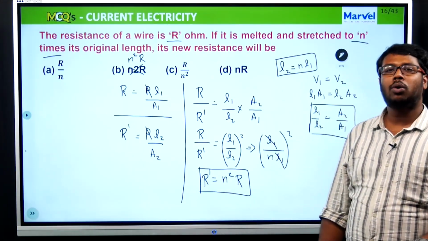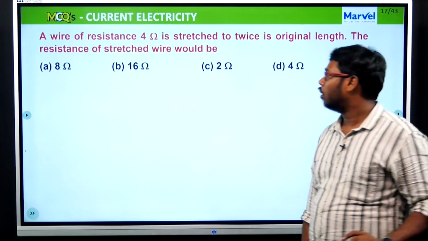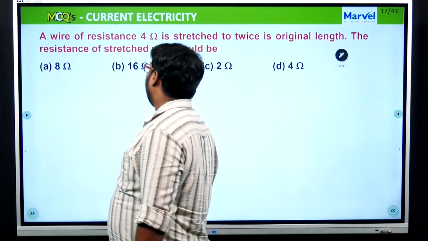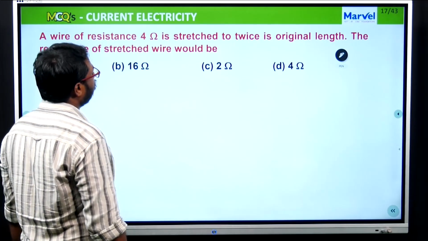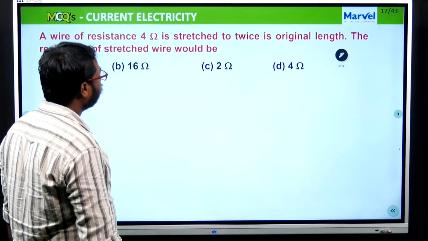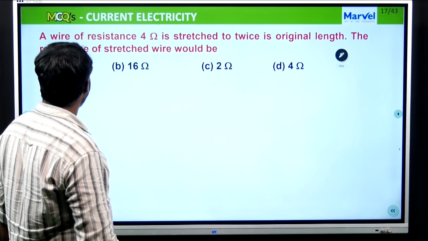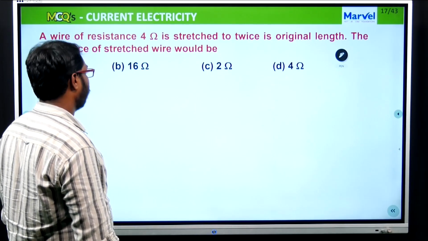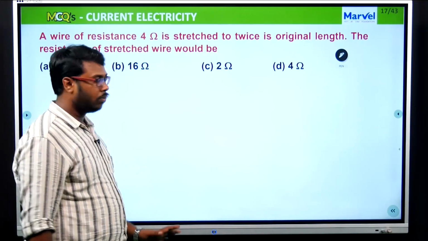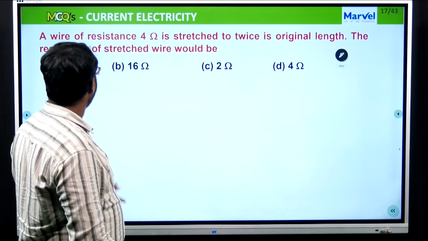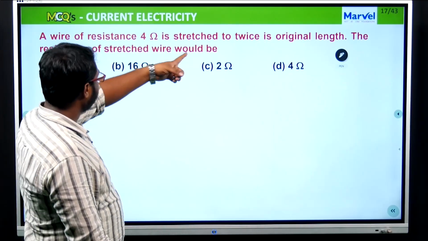Now we go to the next question. A wire of resistance 4 ohm is stretched to twice its original length, then the resistance of the stretched wire will be. Again the same thing.